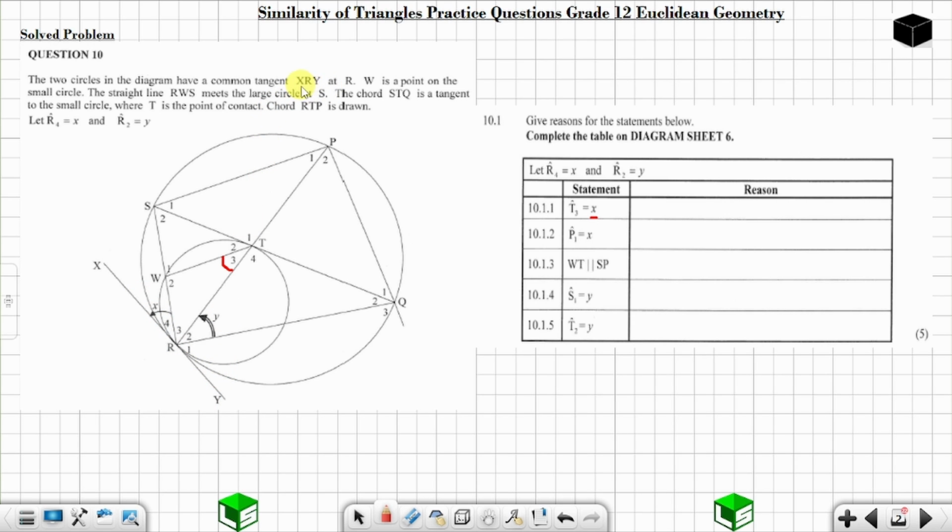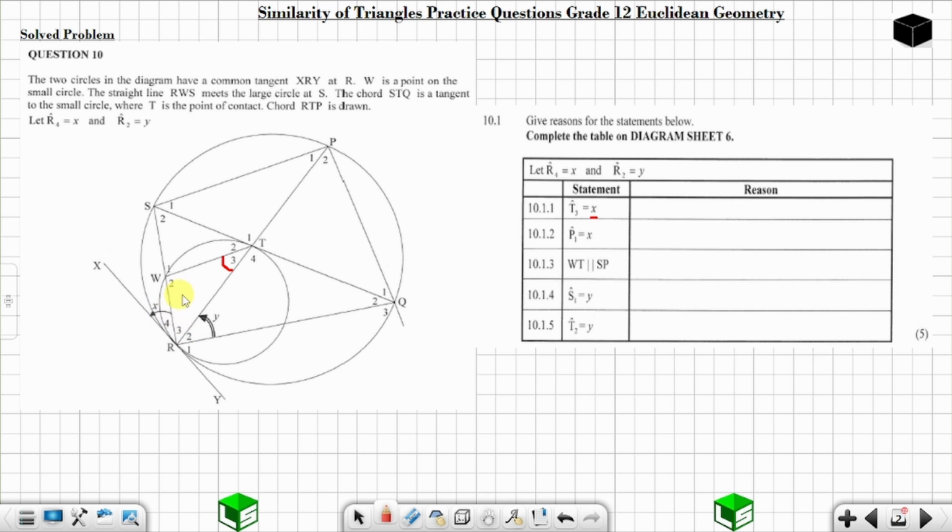XRY is a tangent to the small circle at R, and the tangent XRY is also a tangent to the big circle at R. So using the small circle and the chord WR, this chord with the tangent, you have this angle between them.